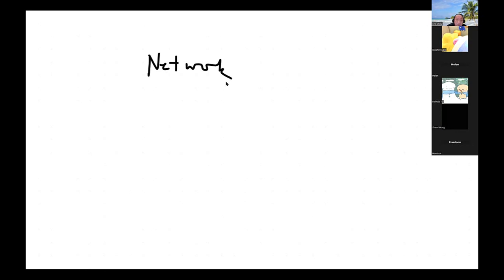Interconnected computers. So in one network, what is the minimum number of computers needed? Two. Yes, a network's minimum number of computers is two. So your computer A connected with computer B, then we create a network.